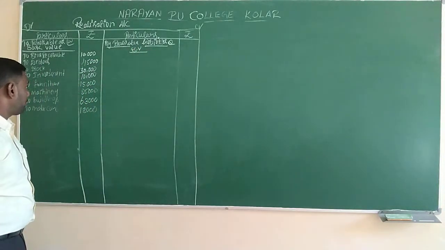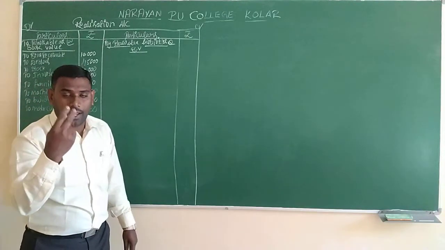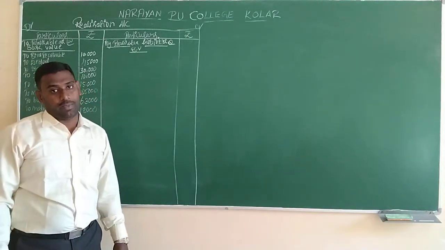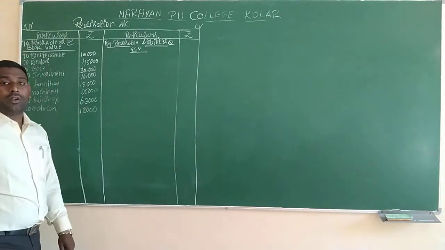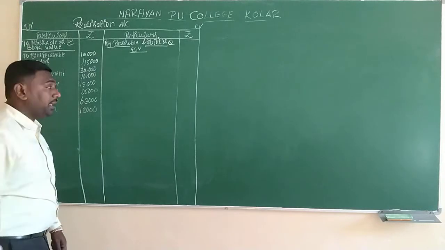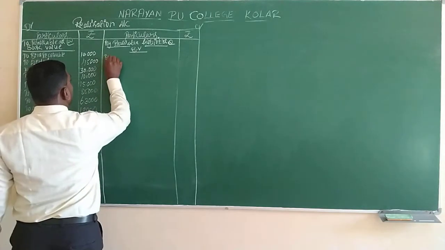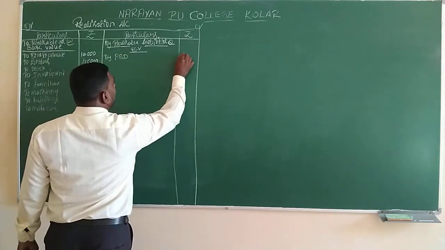Look at how many liabilities are there in the balance sheet. Two liabilities are there: creditors and bills payable. Before that, we record the PBD given against debtors, which will be considered as a liability. The value is 3,000.